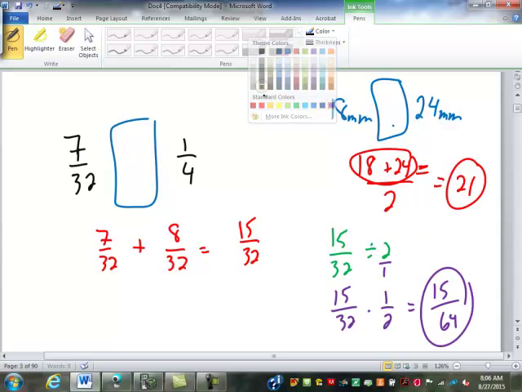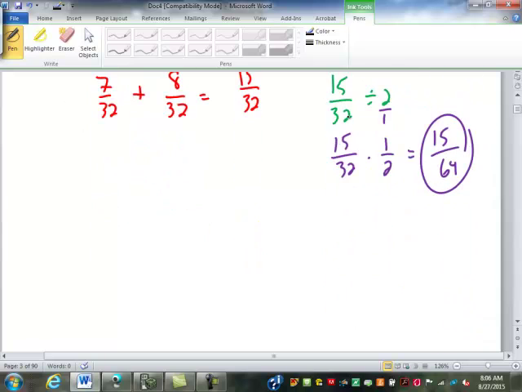Let's do the next one. Do number 2 there. 9 32nds and 5/16. Common denominator. 32 again. This is going to be how many 32nds? Say 10, right?